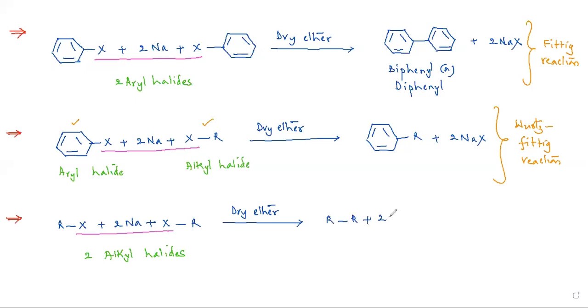We get a symmetric alkane, and this of course is Wurtz reaction. So three very important reactions. Wurtz-Fittig.